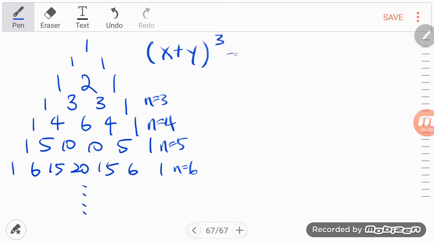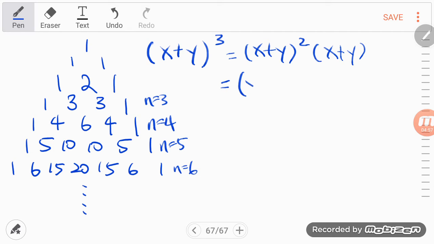So, you know what? Let's do it the old school way. (x plus y) cubed, I can break it down into (x plus y) squared times (x plus y). (x plus y) squared is easy.